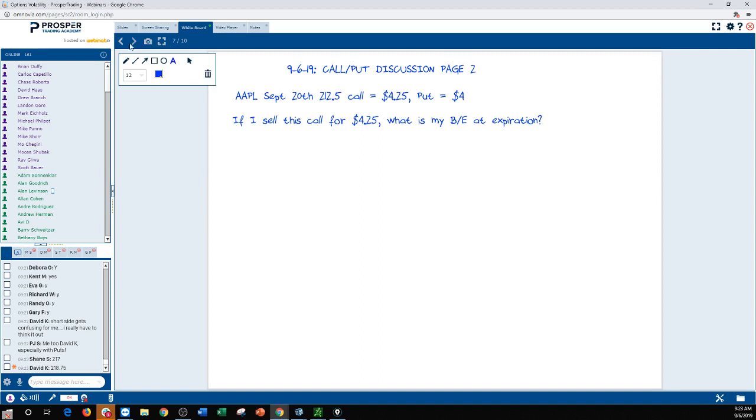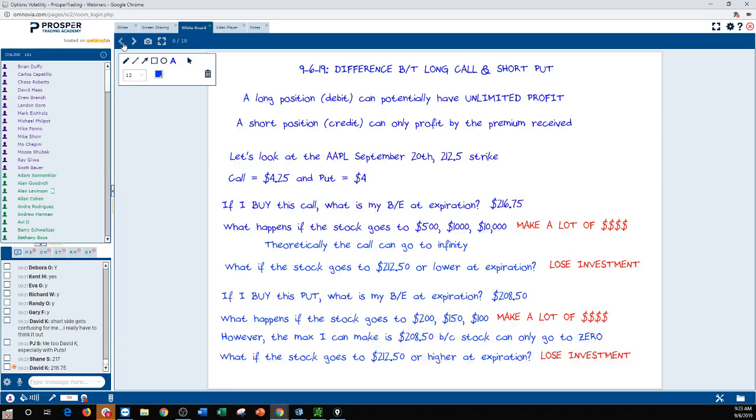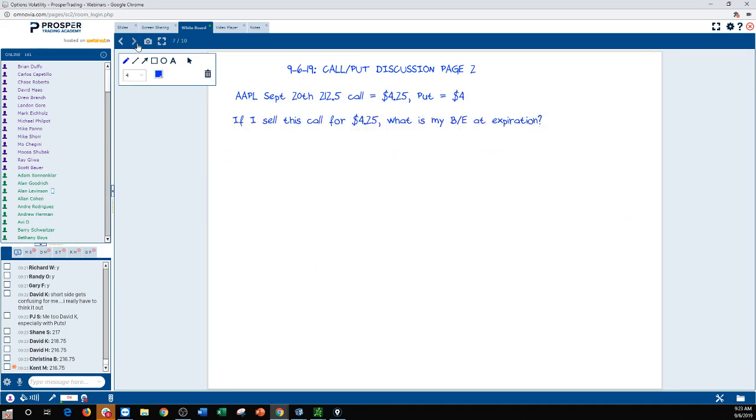It's the exact same calculation, because the prices are the same. So it's the exact same as on the long side or the debit side. So that's going to be 216.75. Does everybody understand that? Okay, good. So that's my break even.